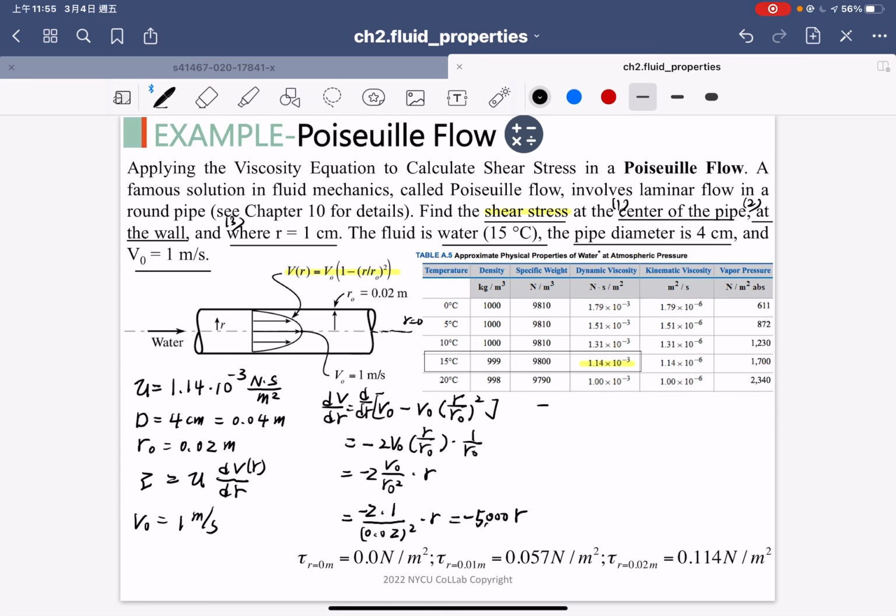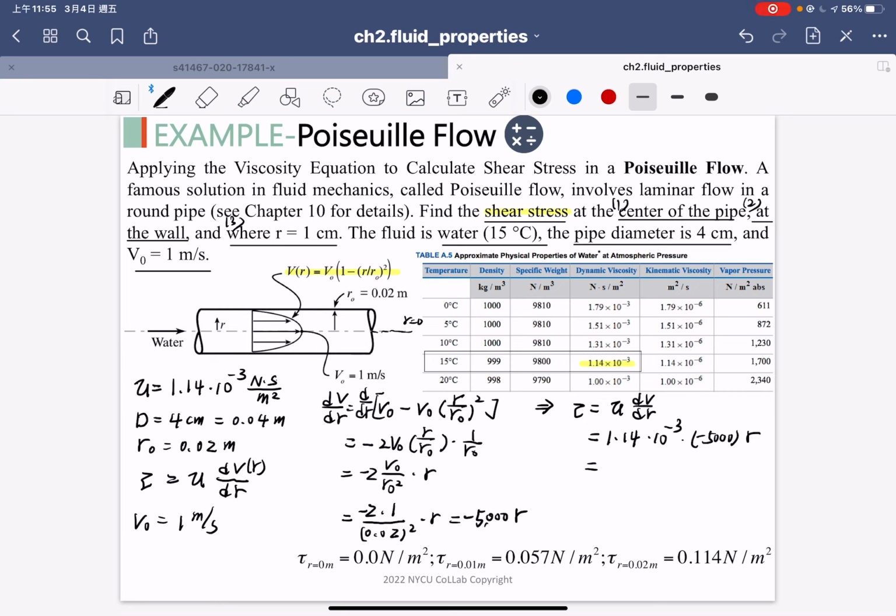Okay, so we know the velocity gradient, so tau is equal to mu multiplied by dV/dr. And we have the mu number, 1.14 times 10 to the minus 3 power, multiplied by minus 5,000 R. So use your calculator to compute the number.